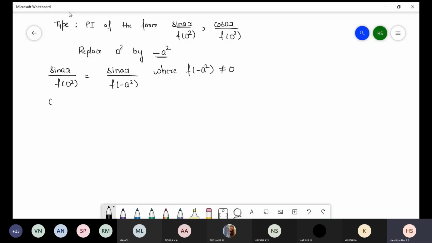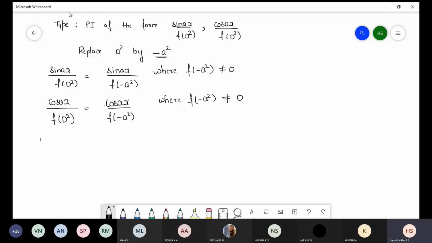Same thing for cos ax. Cos ax divided by f of D square means cos ax; here also in the place of D square we write minus a square, with the same condition that f of minus a square is not equal to 0.